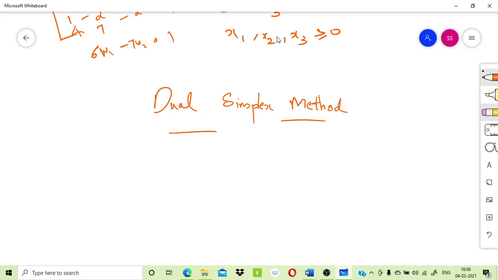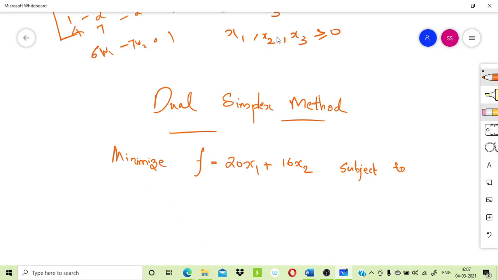And the problem is like this: minimize f equal to 20x1 plus 16x2, subject to the constraints, with x1 and x2 as variables.